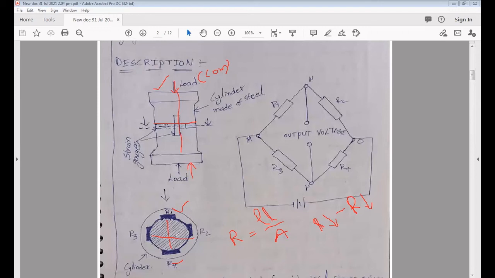In the vertical direction the length decreases. Because of that, R1 and R4 resistances decrease. And which length increases? R2 and R3. It means the horizontal axis length increases, so the R2 and R3 resistances will increase.